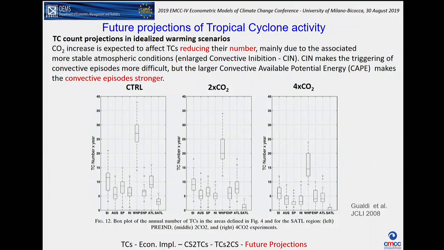This is something true at the global scale. There are small differences in the different basins, but we do expect less tropical cyclones. This is mainly because the atmosphere is going to be more stable in a warmer climate.